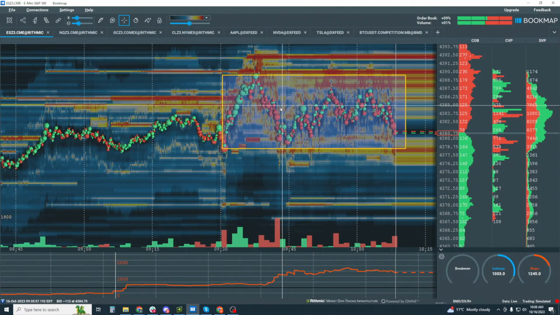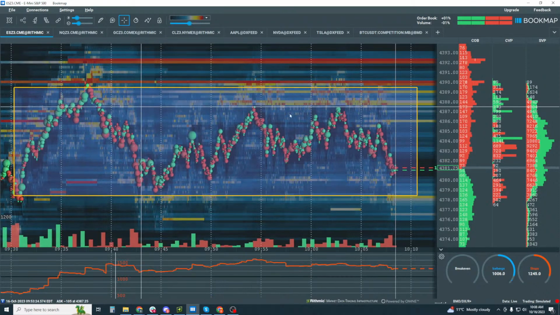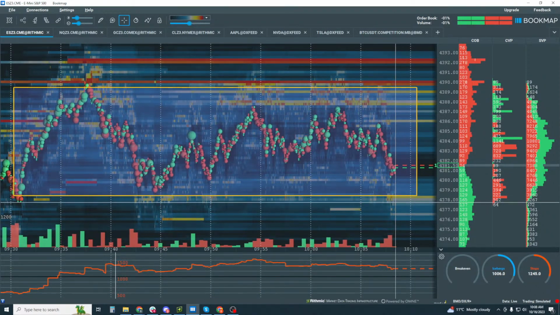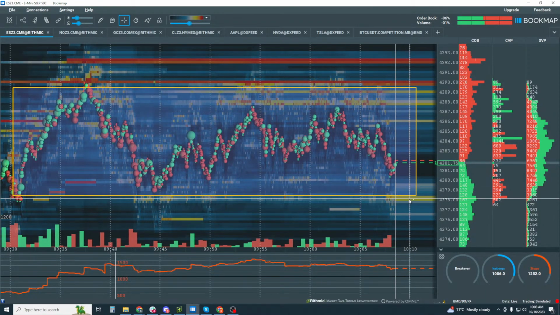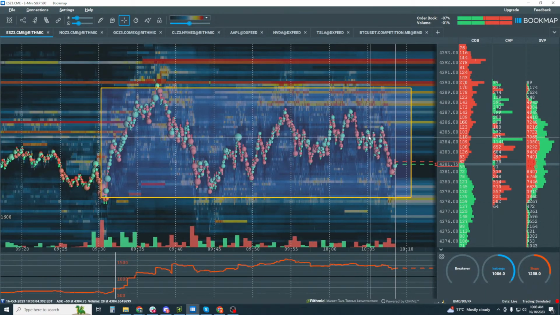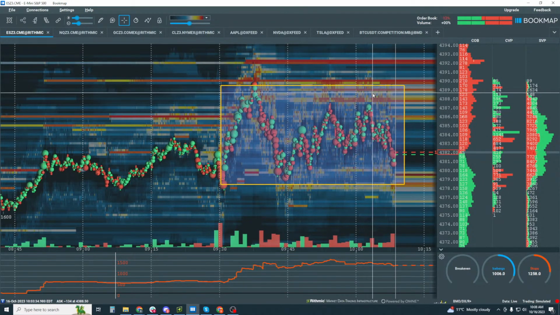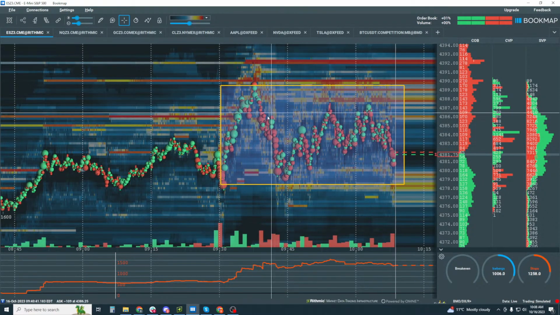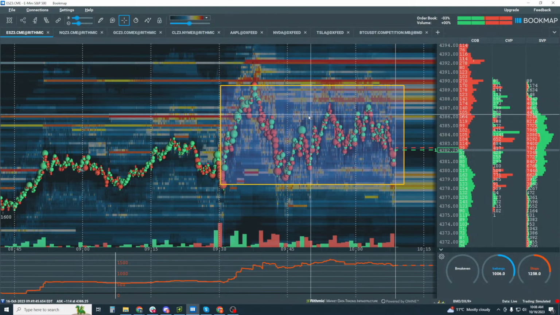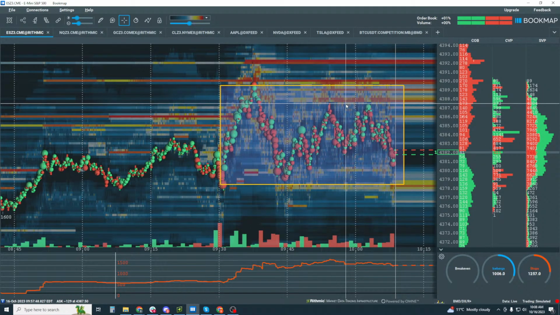So just a very, very quick analysis here. It looks like 78.5 or so, and we do have liquidity down here. So what do we have on our side? Well, not a whole lot, but we do see that there's more sellers in here than buyers in general.